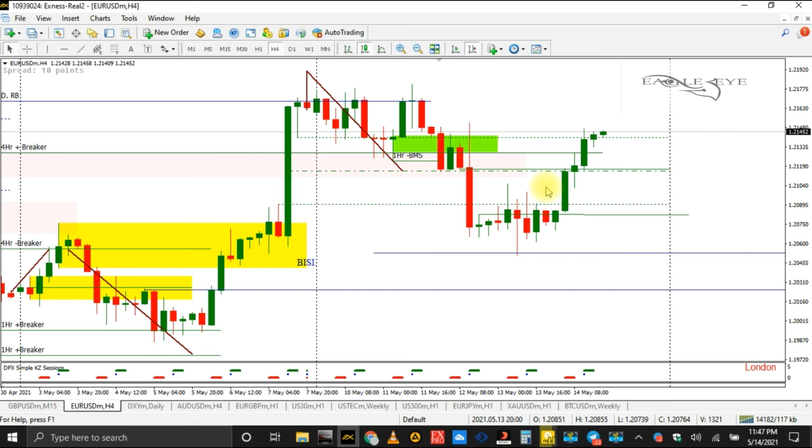With that I was done, but something happened, and I got so much into my head, and I took a trade around this area, and it resulted in a loss for me, I think today, Friday.